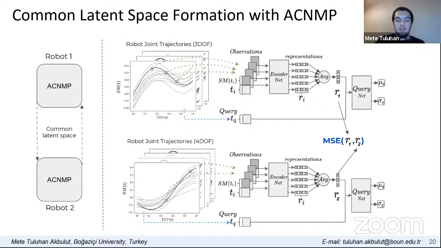The time vector is normalized between 0 and 1, but warping alignment, like dynamic time warping, is not required because, as I said, the latent space is formed at skill level. The observations are coming from random time points, and for each skill I obtained one representation. Therefore, I'm not worried about how they behave with respect to time.